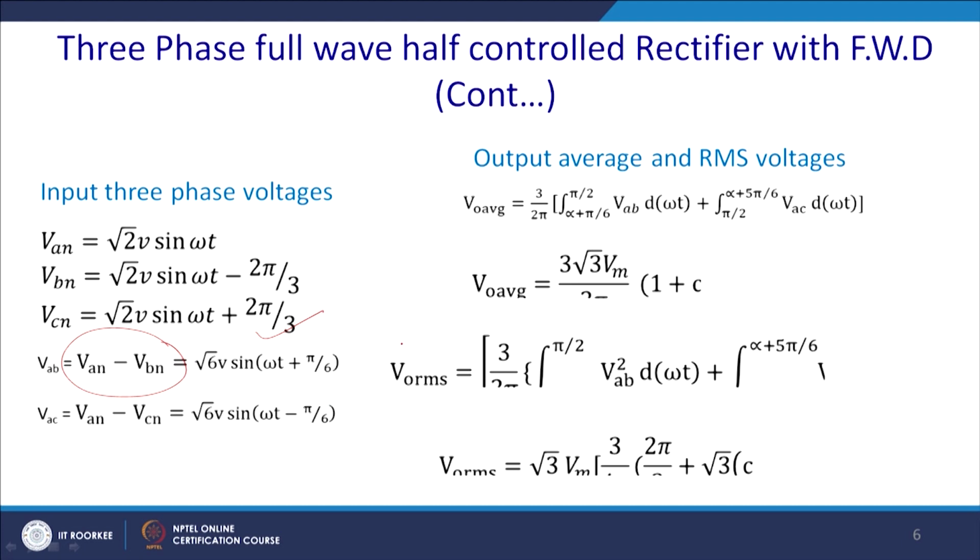So, you can get the average value. You have 3 such pulses, so 3 by 2 pi, from pi by 6 to pi by 2, where you will have that voltage VAB, thereafter you will have a voltage VAC, and you subtract it, and ultimately you will have the average voltage and the RMS voltage.